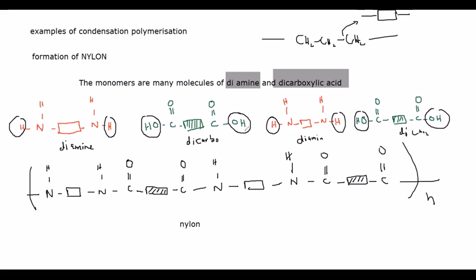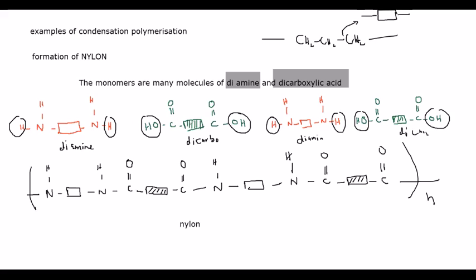So when they react with each other, what happens? Amine will lose their H and carboxylic will lose their OH. So H and OH are removed. You can see amine hydrogens are removed and carboxylic OH is removed. So you're left with NH, this NH, then this is a box, then NH, then H and OH being removed. So what you have is a bond between carbon and nitrogen.